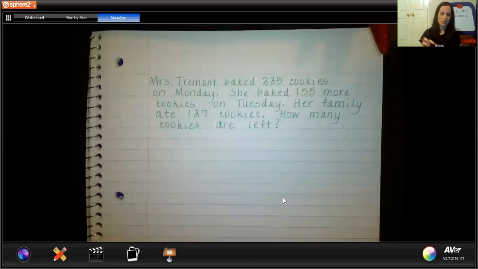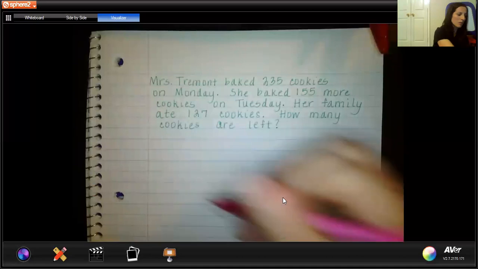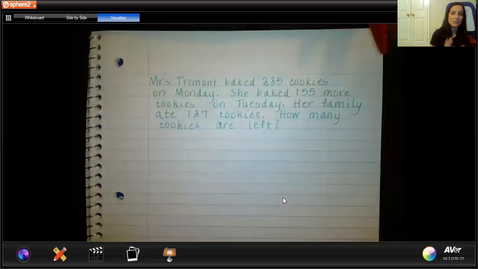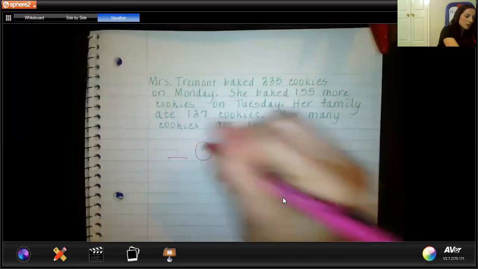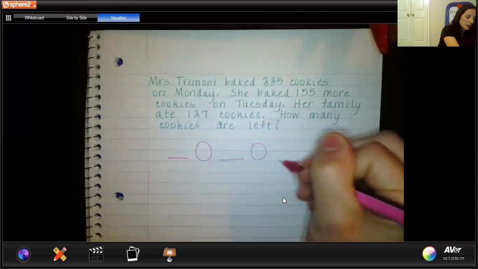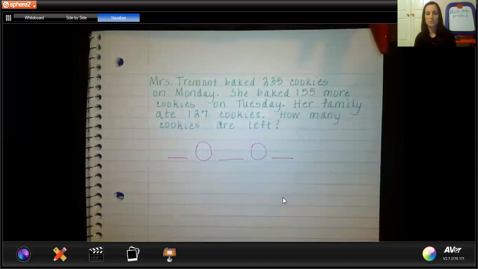And so I am going to look at my problem, and now when I have a multi-step problem, out what are my 3 numbers and what are we going to do? Are we going to add or are we going to subtract?